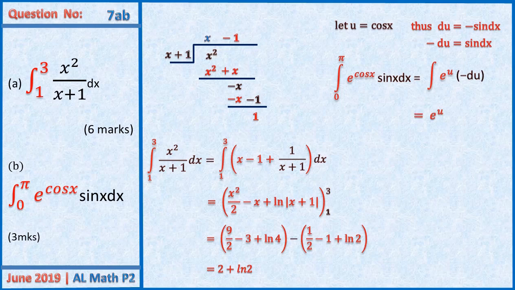So this gives us e to the power u when we integrate, and you have minus into e to the power cos x. When you take the upper limit minus lower limit, you will have e to the power minus 1 minus e, and it can be written as (1 minus e) all that on e, times minus 1. So our final answer is (e minus 1) on e.